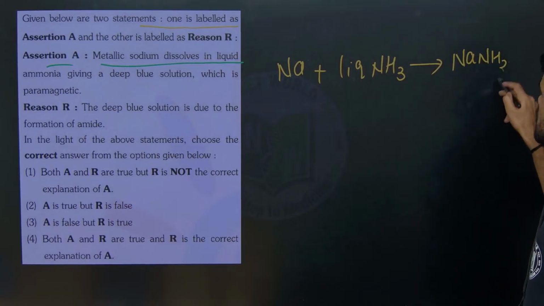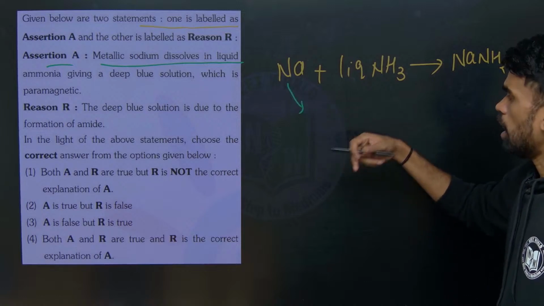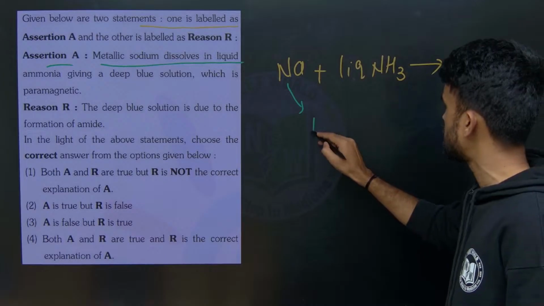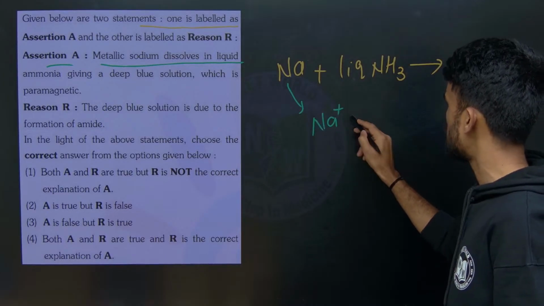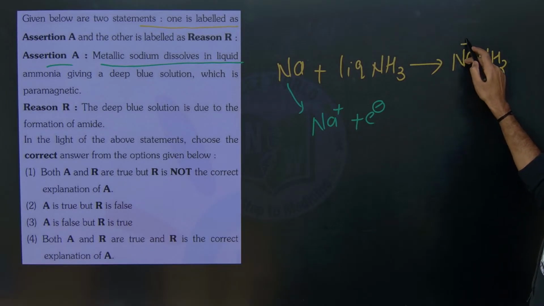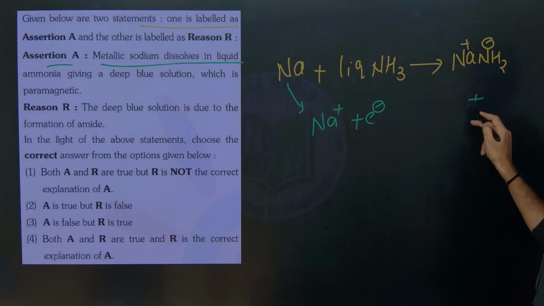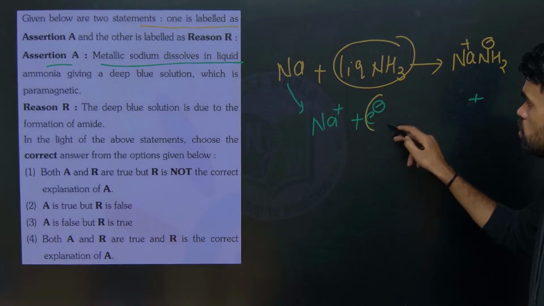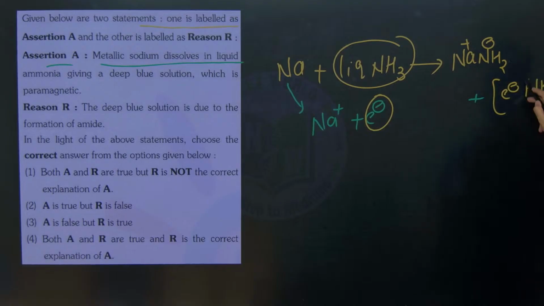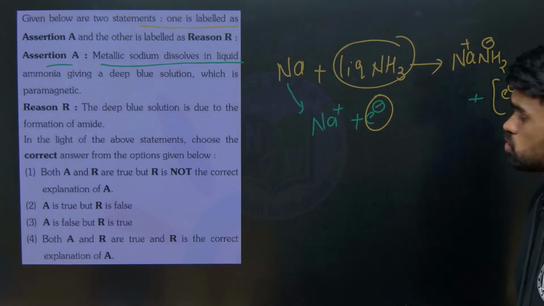Whenever sodium is treated with some other species, it releases electrons, becoming Na plus. So here we have Na plus and NH2 minus. This liquid ammonia also surrounds the electron, so we can say ammoniated electron, NH3 some x times. So we got two things.